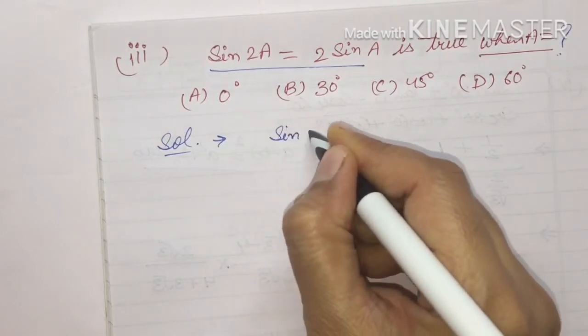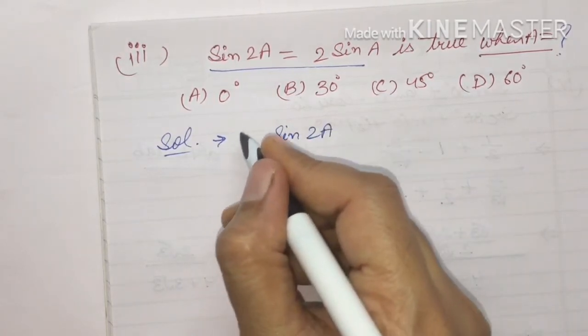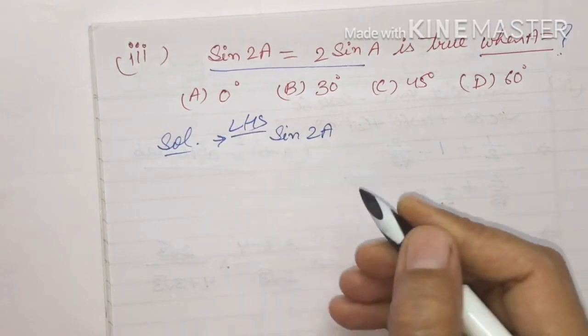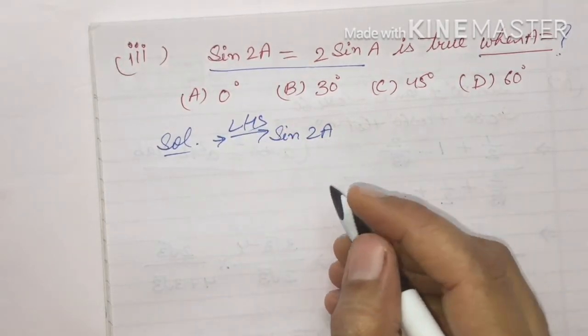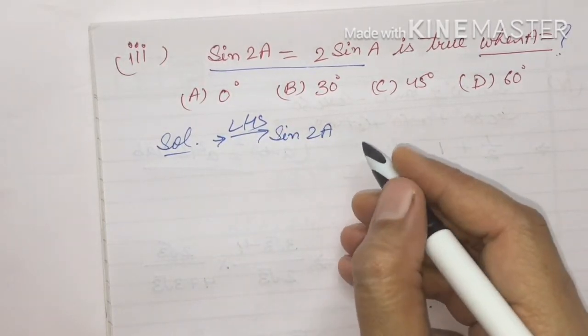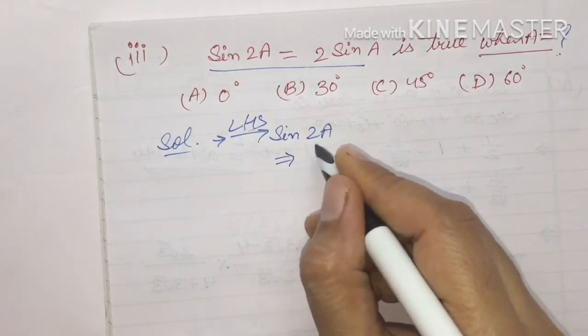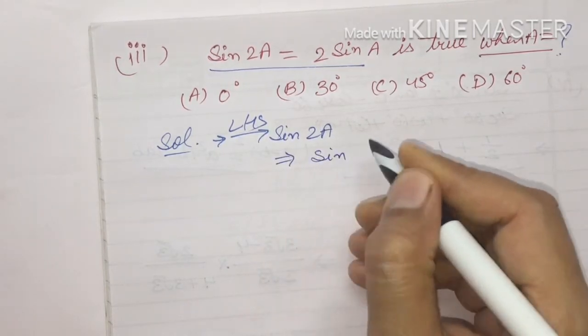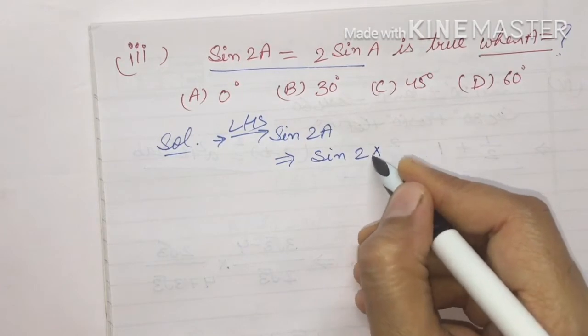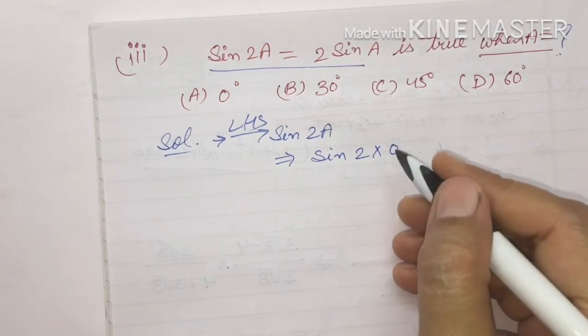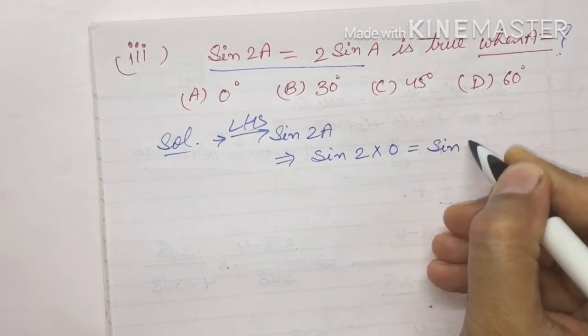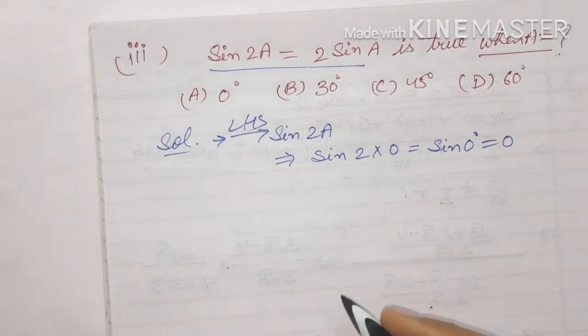Sine 2A, this is the left hand side, we are doing the left part first. We will put 0 in place of A, so it will be sine 0 degree, 0.